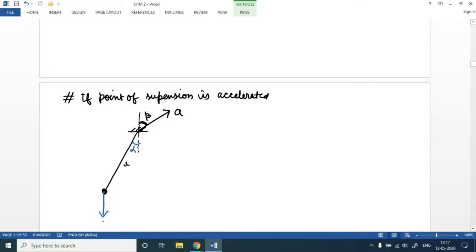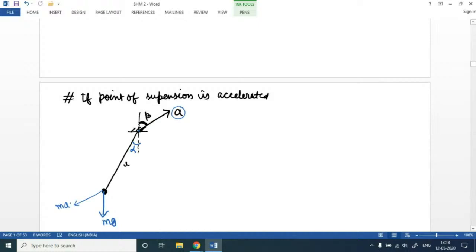Okay, so this here is mg, and apart from that you should realize, we are doing the whole thing in the frame of reference of this fixed point over here. So a pseudo force would be acting in the direction opposite to this acceleration, so this would be pseudo force, let's say ma.